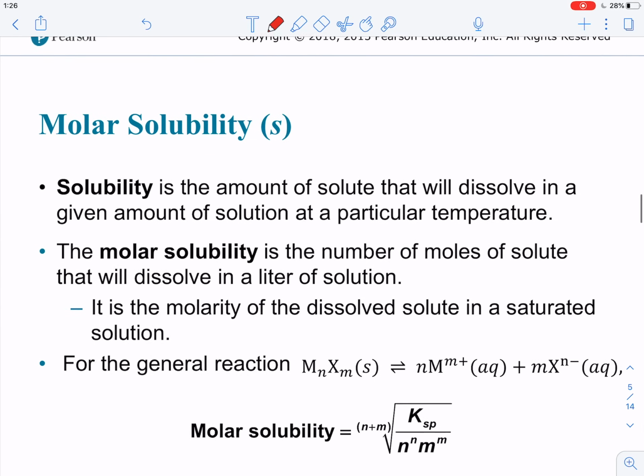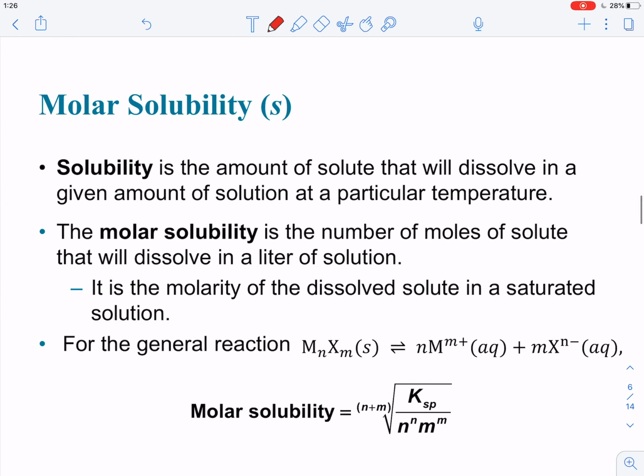Now, one of the things that is very, very commonly associated with the solubility product. So we're talking about things that are not that soluble. Some stuff that you want to know what the solubility is in water. And these are very poorly soluble because, well, basically you have the solid in equilibrium with the ions.